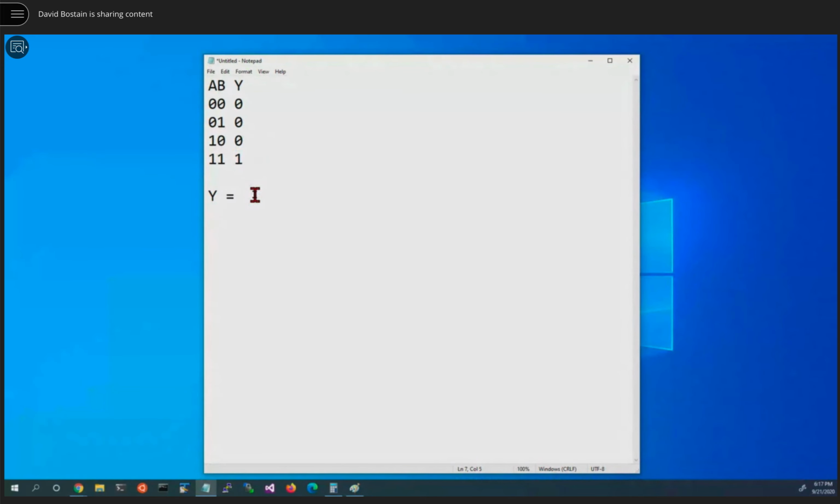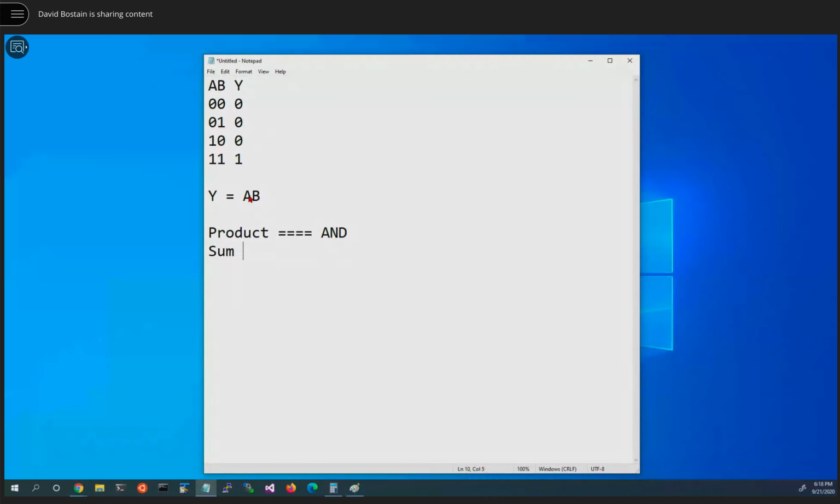And then we write out an equation based on the product of those 2 inputs. Okay, so what that says is y is equal to AB. Product in Boolean algebra is equal to what we consider to be the AND function.